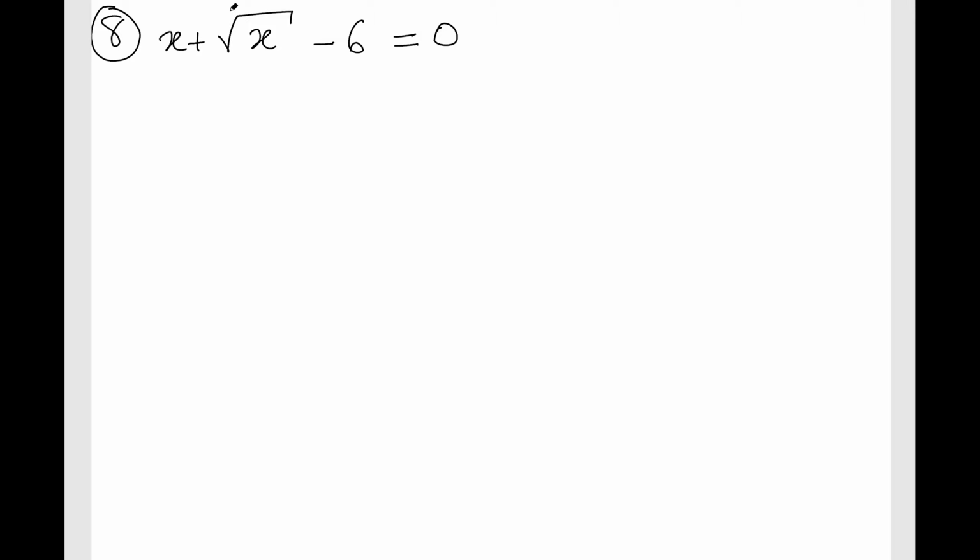Do you agree with me? If you square the square root of x, that's exactly x. Am I correct?